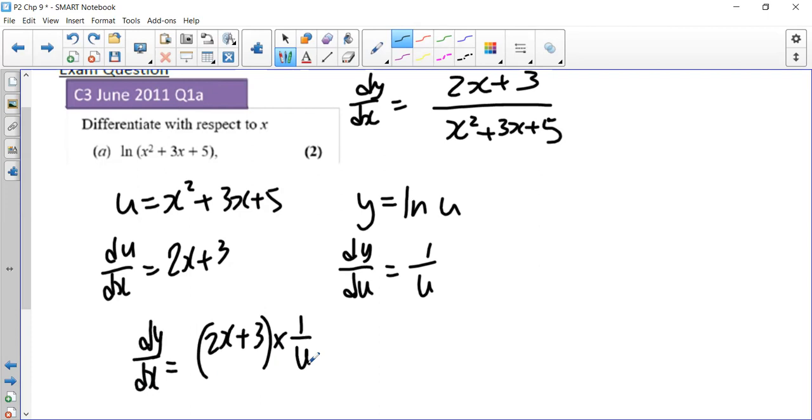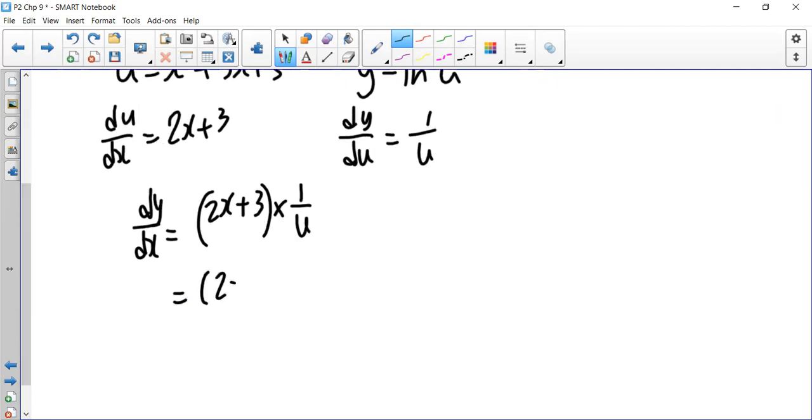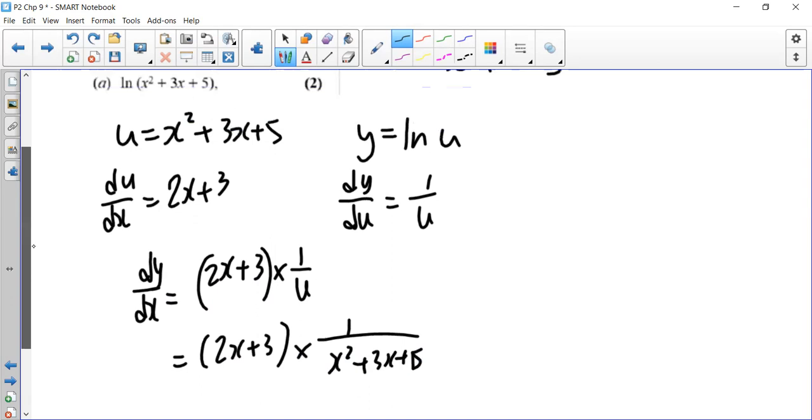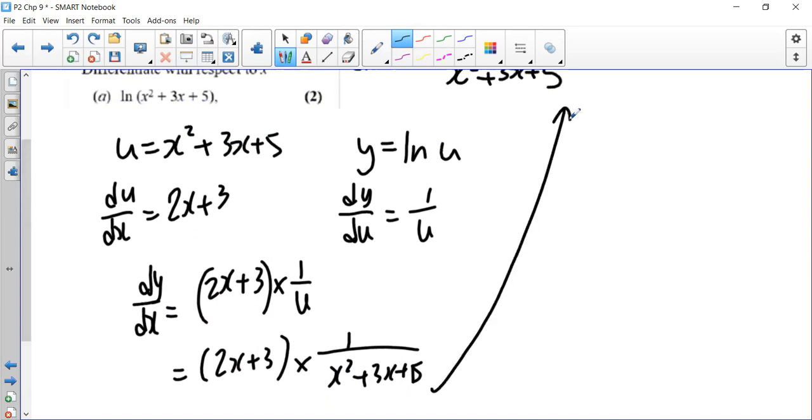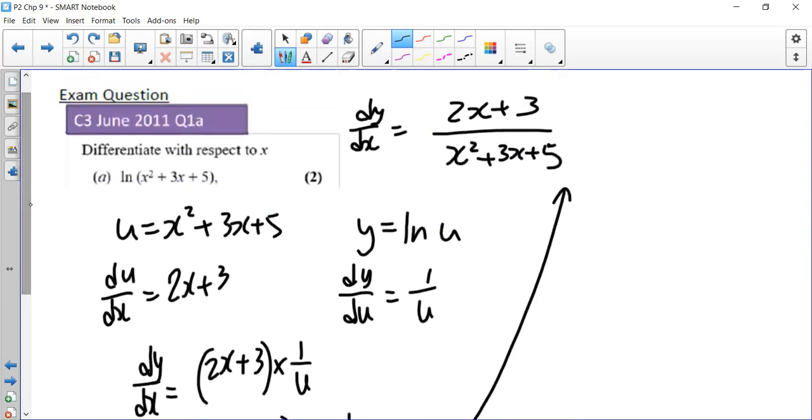And u is x squared plus 3x plus 5. So the same as 2x plus 3 times 1 over x squared plus 3x plus 5, which we can then just put in one big fraction. It's like this. So 2 marks, easy peasy, lemon squeezy. Right, and that's the end of chapter 9.3.